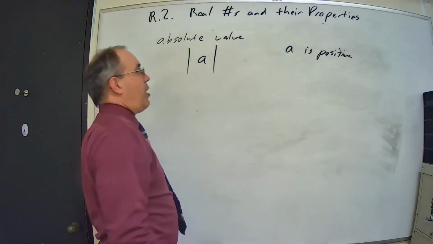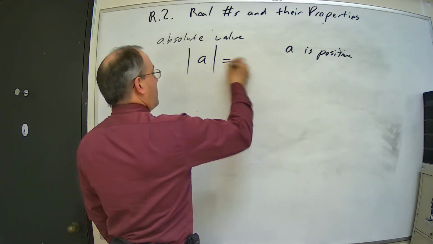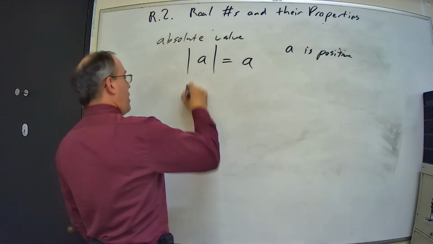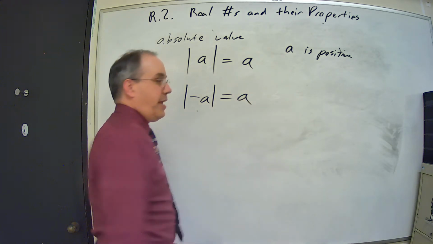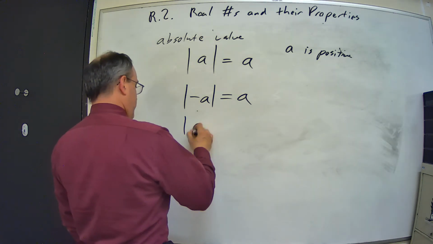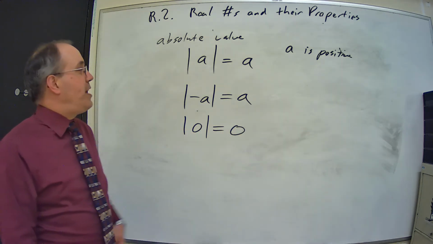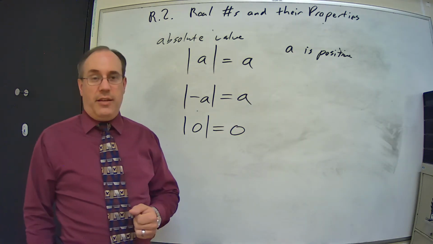But if A is a positive number, then the absolute value of A is going to be A. If A is a positive number, then the absolute value of negative A is going to be A. If A is 0, then it's 0.